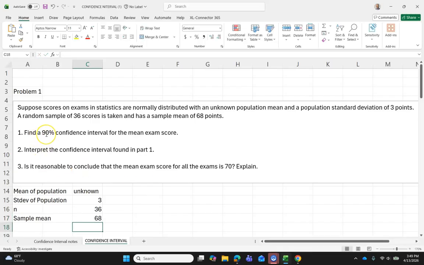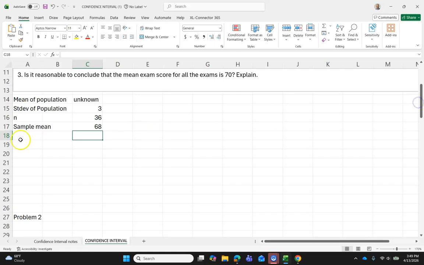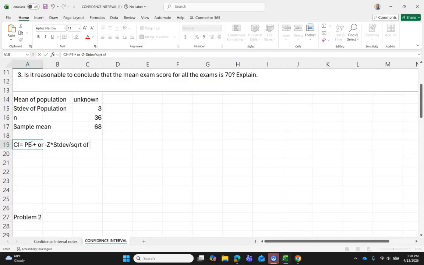So we are supposed to find a 90% confidence interval for the mean exam score. The formula is: confidence interval equals the point estimate plus or minus z times the standard deviation divided by the square root of n. This is the formula to find the confidence interval.